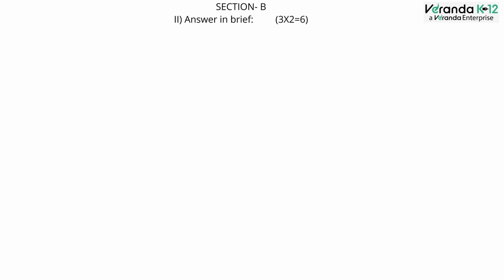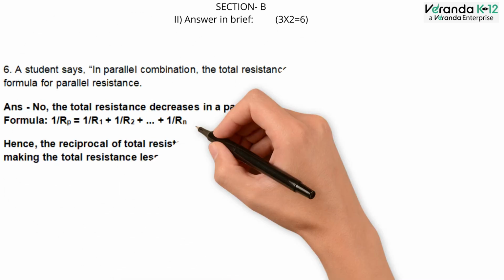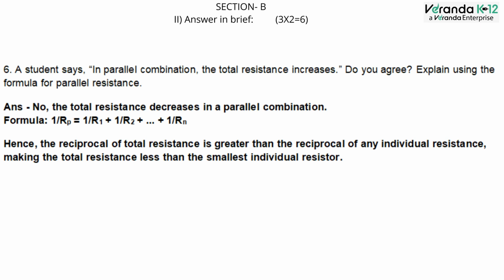Section B. Answer in brief. Question number 6. A student says in parallel combination the total resistance increases. Do you agree? Explain using the formula for parallel resistance. Answer. No, the total resistance decreases in a parallel combination.